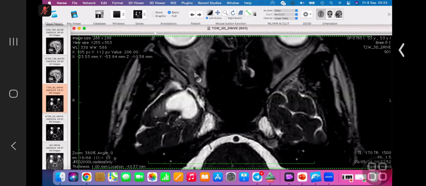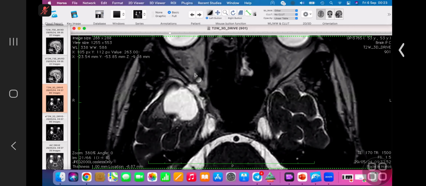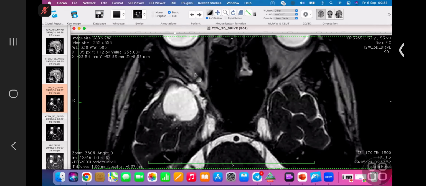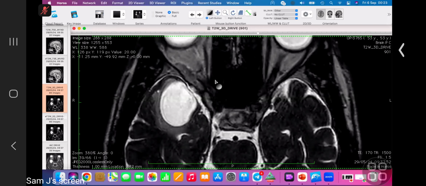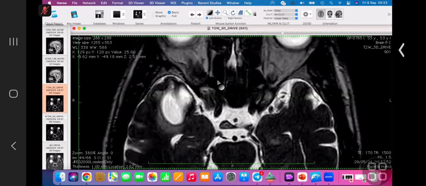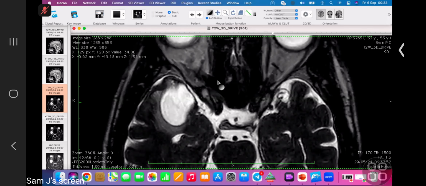It could be due to varix formation of the orbital varix, or T2 hyperintense, you have to think of a slow flow venous malformation, previously called cavernous hemangioma. The recent updated ISSVA states that you should not use the term hemangioma. So the final diagnosis for this case is slow flow venous malformation.